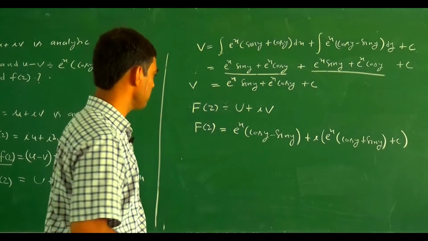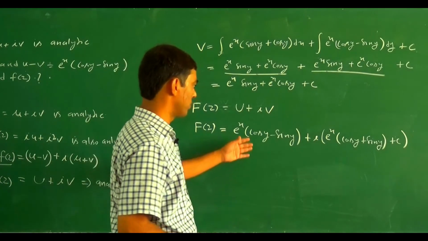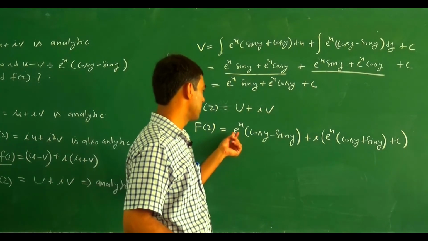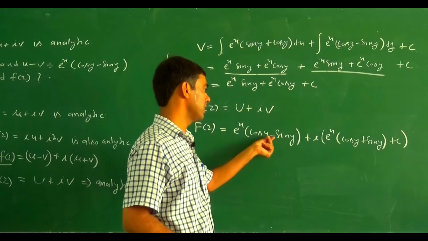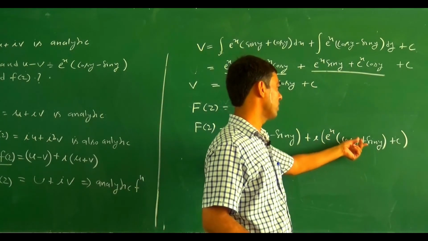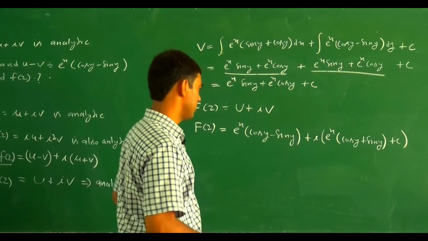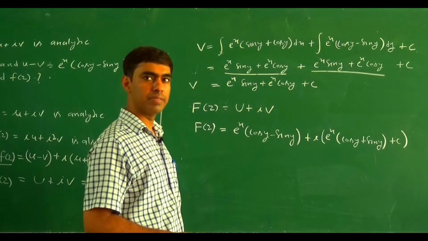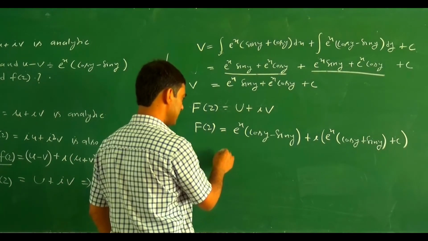Now, if we simplify this one, what is the value for this one? e^x (cos y − sin y) plus i e^x (cos y + sin y). So here, if we equate the real and imaginary parts, what will happen here?